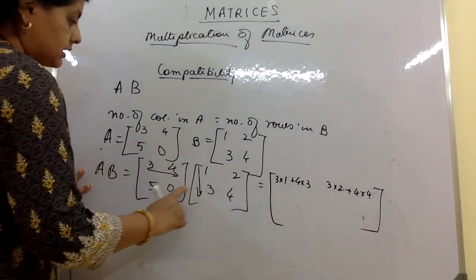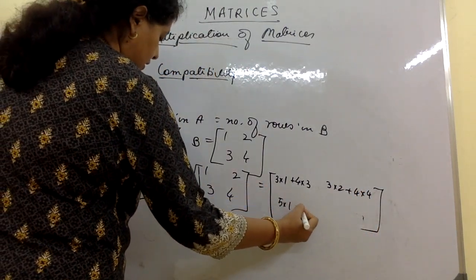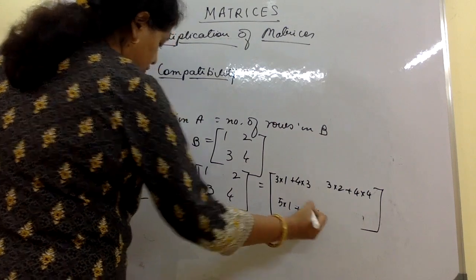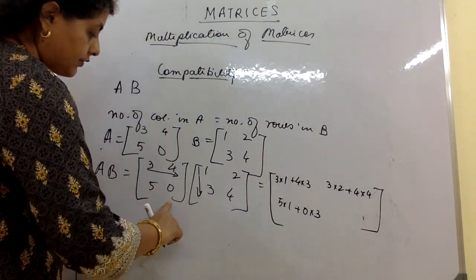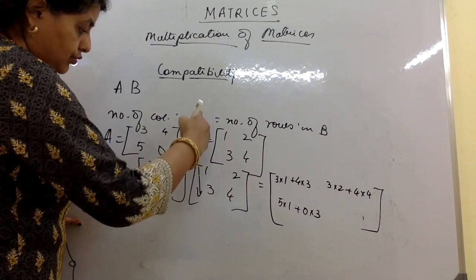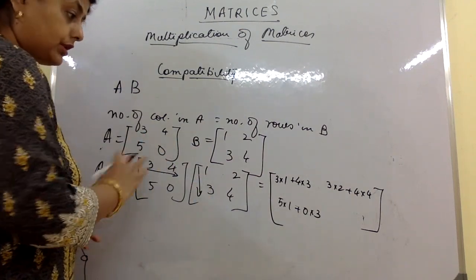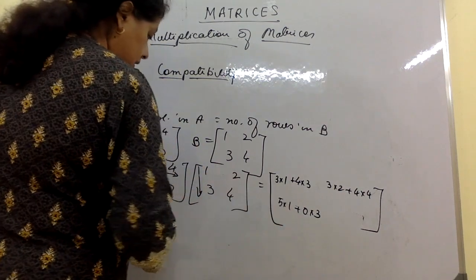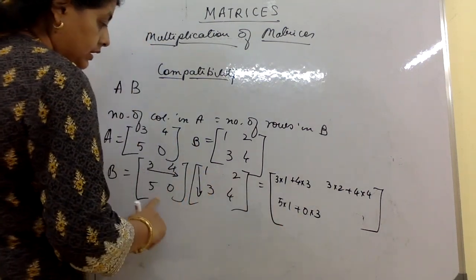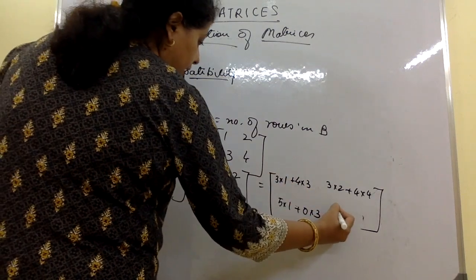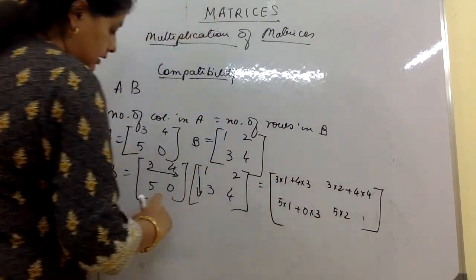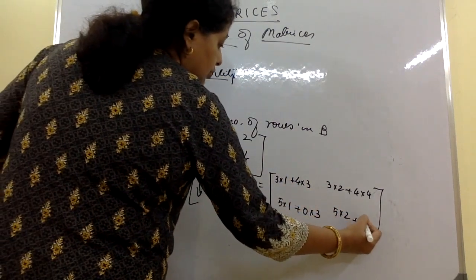Okay, then comes 5 into 1 plus 0 into 3. Okay, that means I have gone this way and this way. This way rows, that way column. This order has to be followed strictly. You can't do it the other way around. And then it is 5 into 2 plus 0 into 4.